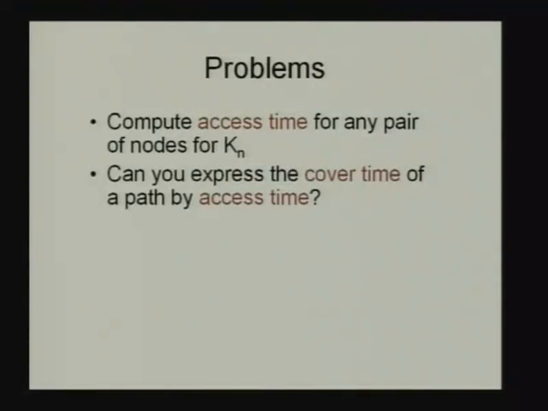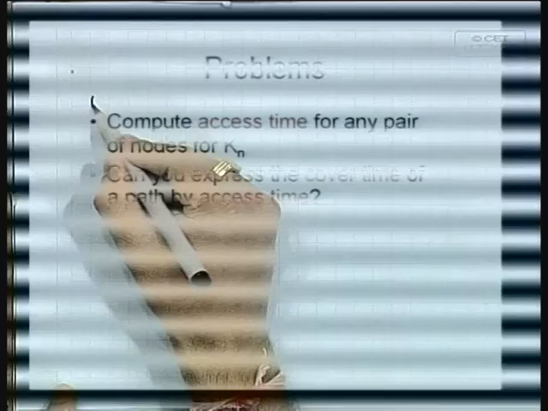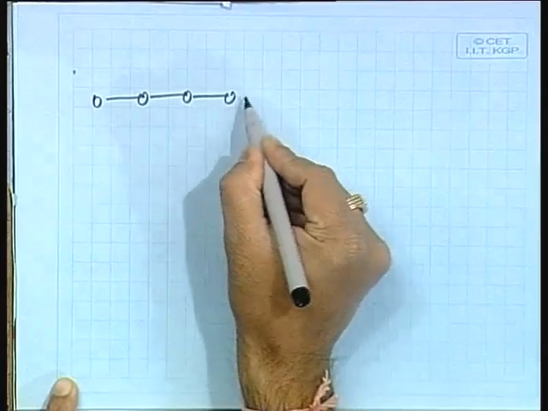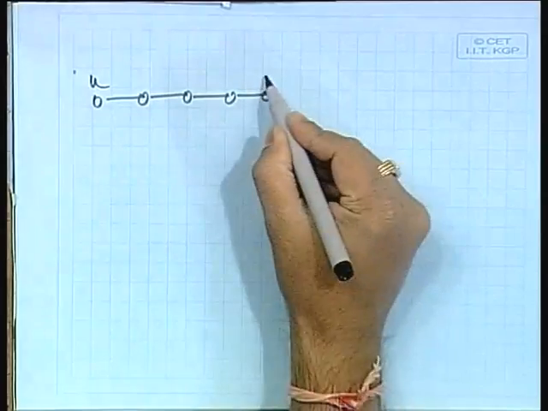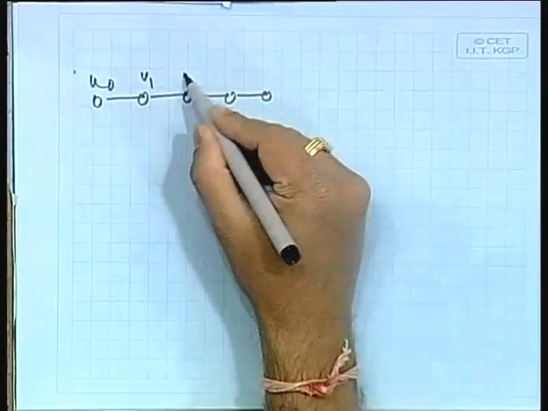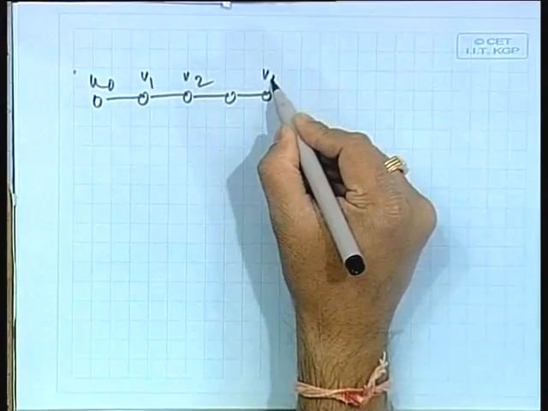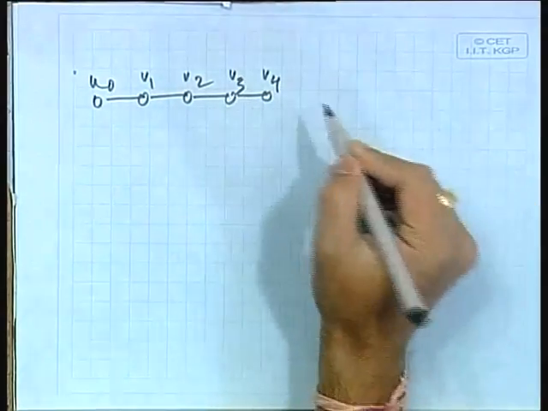Now, can you express the cover time of a path by access time? So path graph, you know. Suppose this is a path. So this is u0, u1, u2, u3, u4.